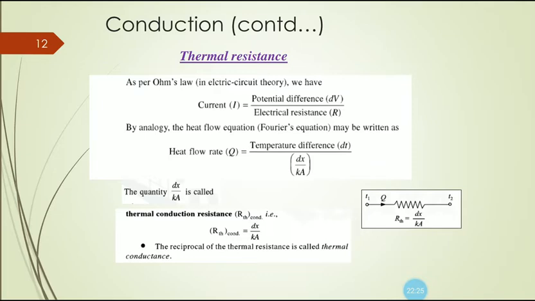One is Ohm's law and the other is the mathematical representation of Fourier's law of heat conduction. So by comparing these two analogous equations, we have got the concept of the thermal conduction resistance, which is dx by kA. Now the reciprocal of this thermal resistance is called the thermal conductance.